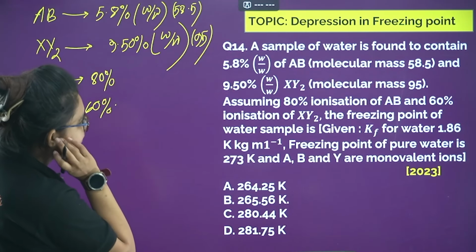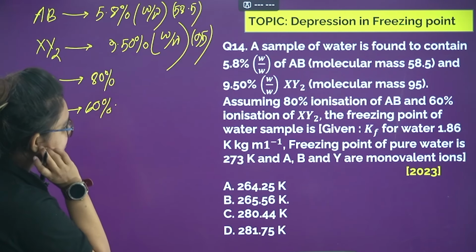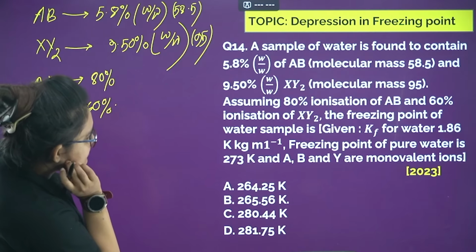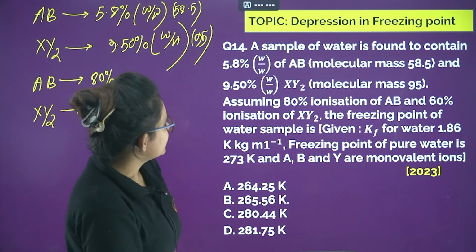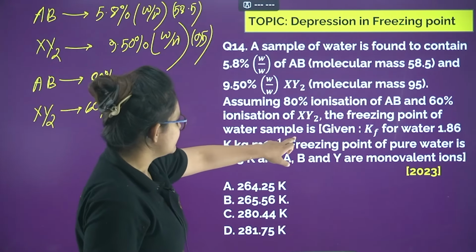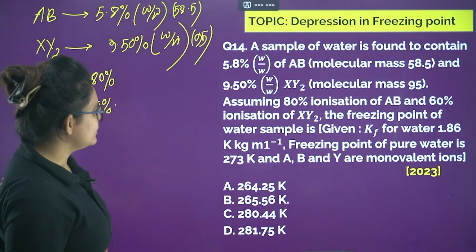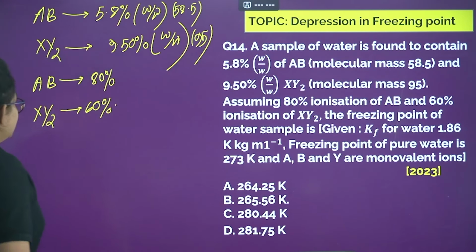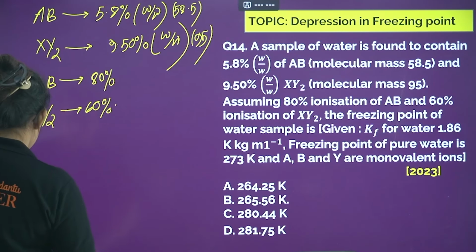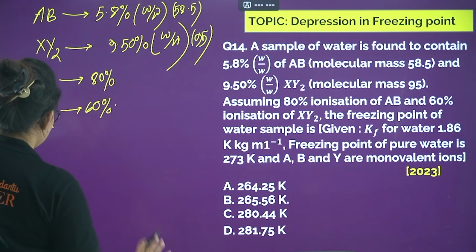Okay, the freezing point of the water sample, you have to find out. Okay, the Kf value is given. Fine. So many things are given and so many things we have to do, it seems, for this particular problem. Let's sort it out one by one.